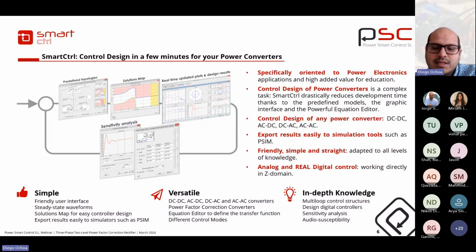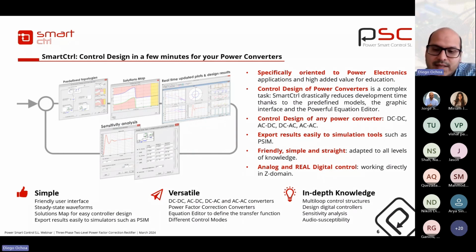And the third way is to define the plant using the equation editor. Perhaps to use this option, it's necessary to have some experience in converter modeling. This option is very versatile, and you can write the transfer function of any power converter.